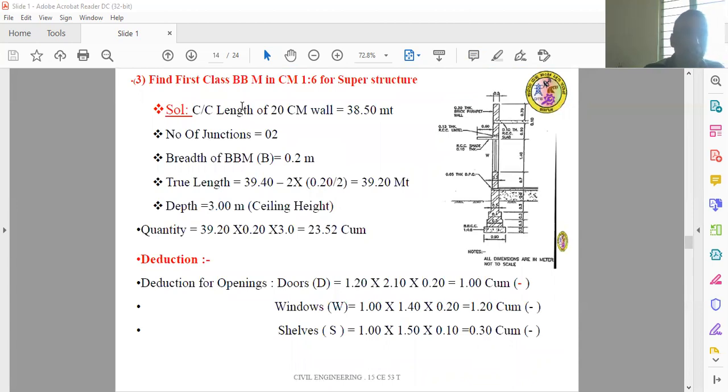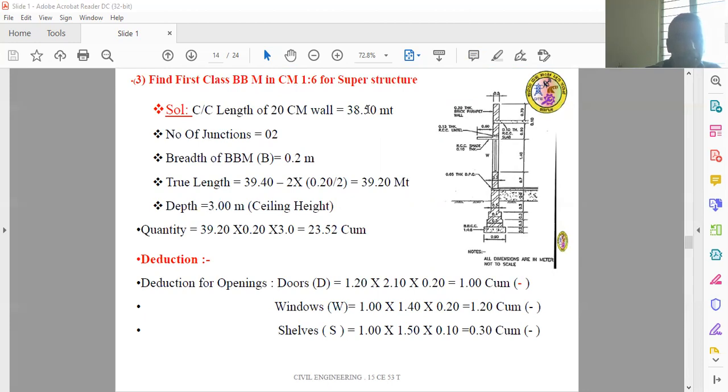After completion of the DPC quantity, you have to find out the first class burnt brick in cement mortar 1:6 for the superstructure, as given in the picture. Here also the center to center length is 39.4 meter, the number of junctions is 2, and the breadth of the wall is 0.2 meter.